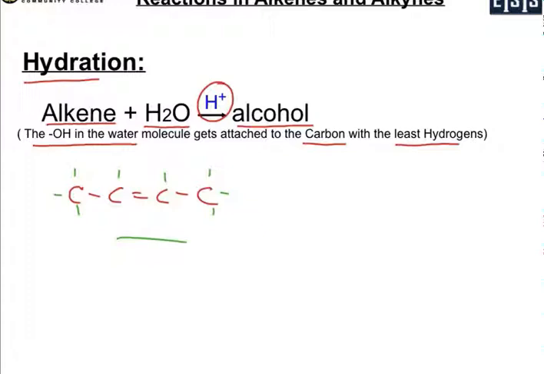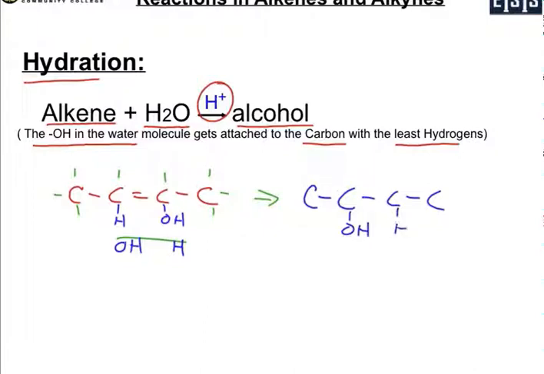When you react this, let me use a different color here, half of them will end up like that, and the other half will have the OH on the other one. You'll essentially get a 50-50 mixture. As far as doing this on a test, most teachers just pick one and give an answer like that, which would probably be fine with most teachers.